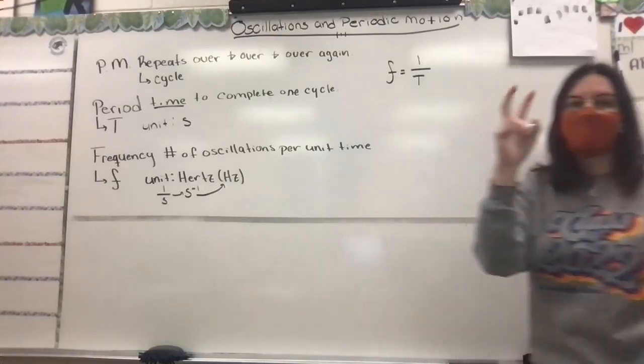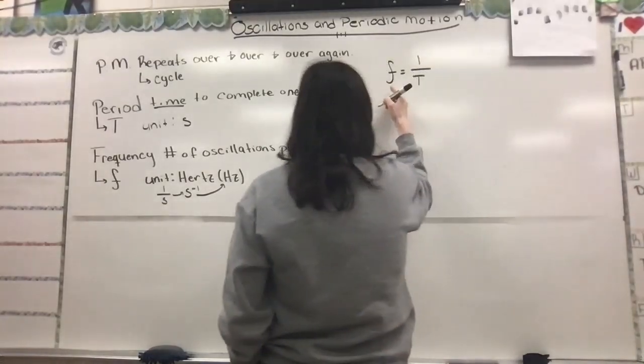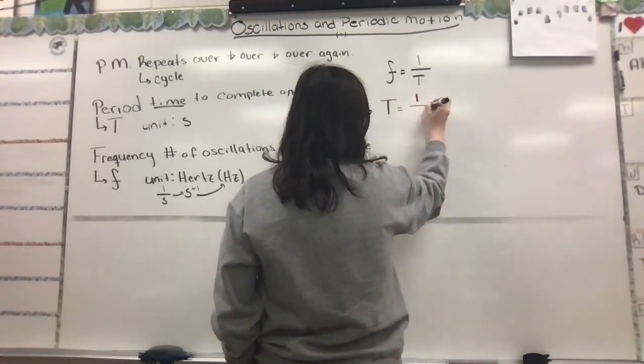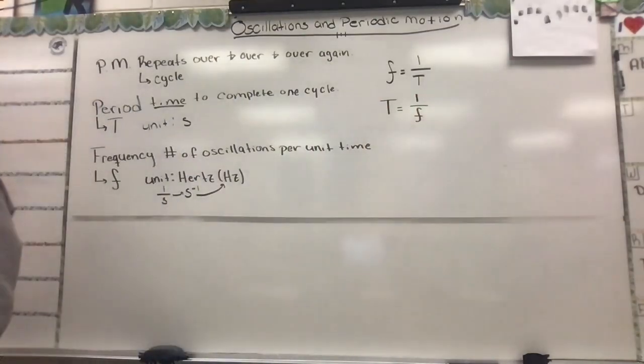And the second equation is just moving this around: if we have frequency and we want period, then the period is 1 over the frequency. So the frequency is the inverse of the period, and the period is the inverse of the frequency. Those are the two equations we're starting with.